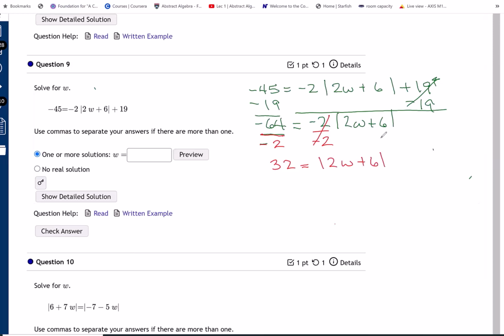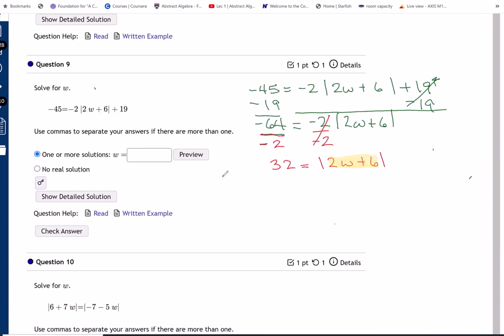Now, I know that what's inside that absolute value, this right here, can be positive or negative. If 2w plus 6 equals 32, take the absolute value, it's 32. If 2w plus 6 equals negative 32 and I take the absolute value, it also equals 32. So what I really need to do is set up two different equations.